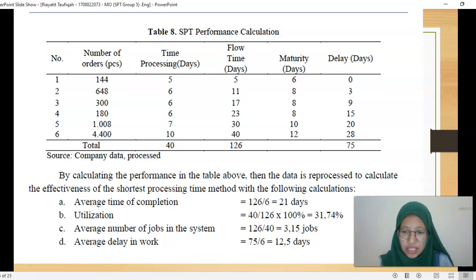The first, average time of completion. It consists of 126 per 6, which come from flow time and number of orders, and equals 21 days.